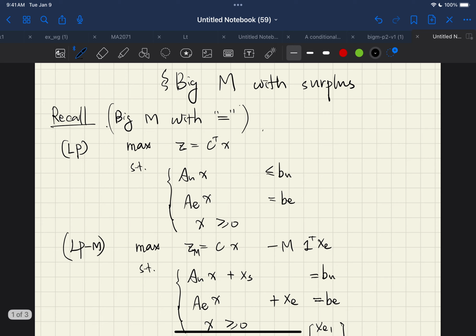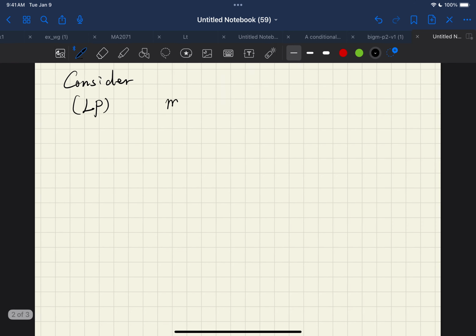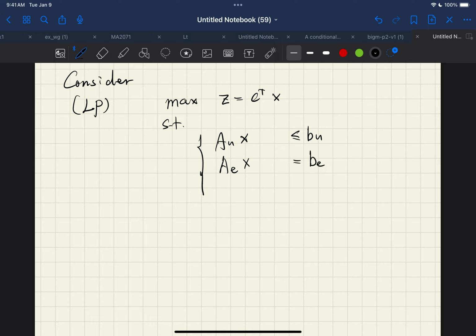We have z equals c transpose x, the objective function, and we have constraints. Those are all the same, less than or equal sign, but there is a surplus constraint, which is the different point, a constraint that was not included in the previous discussion.